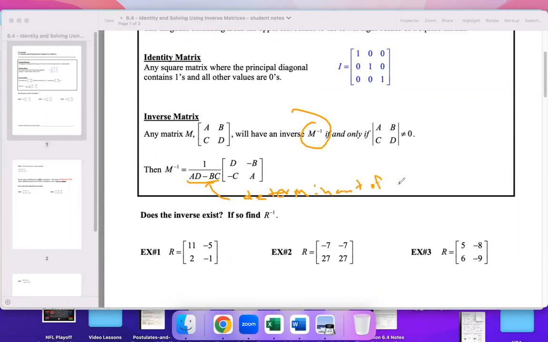Determinant of a 2 by 2 matrix. Okay. So we're going to use this formula for the 3 examples down below. So let's do those 3 examples right now.